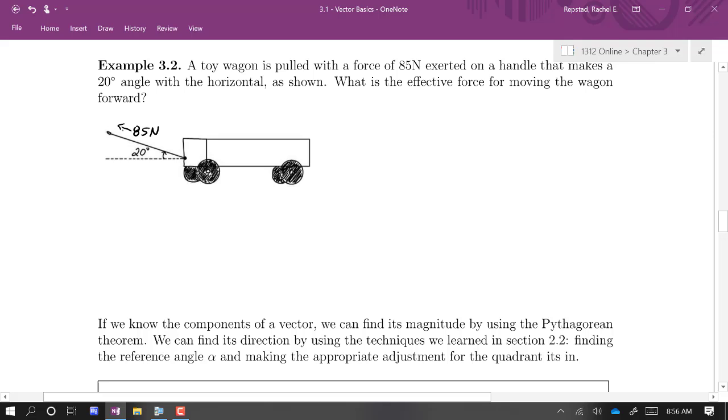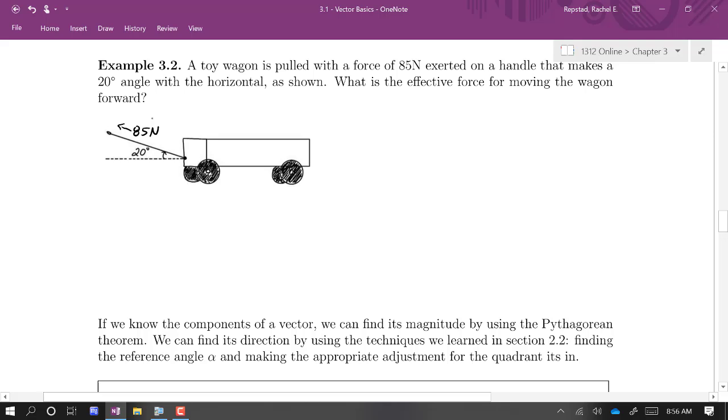So the first thing I want to say here is, in nature, there are no coordinate axes. When you look around you, you don't see coordinate axes imposed on things. It's up to us to impose coordinate axes. So looking at the wagon from this side, we could say it's kind of like a second quadrant vector.